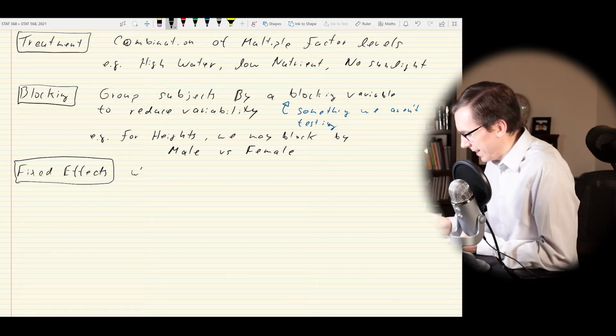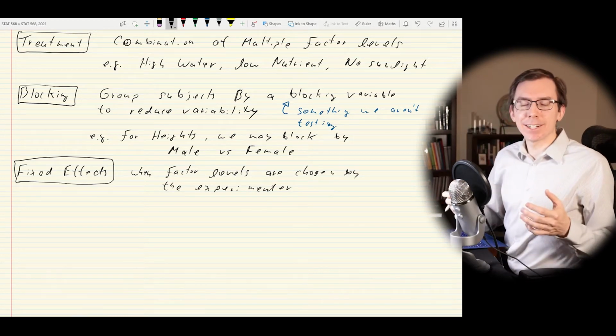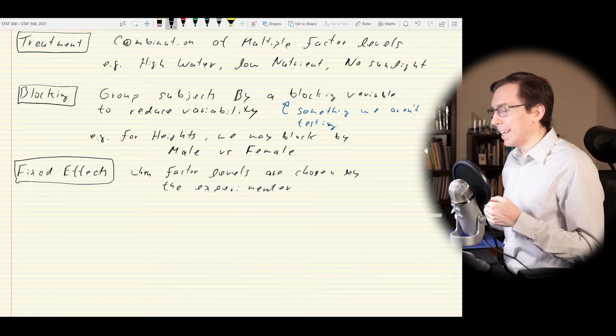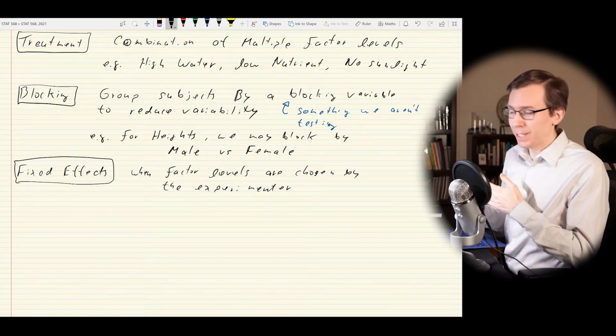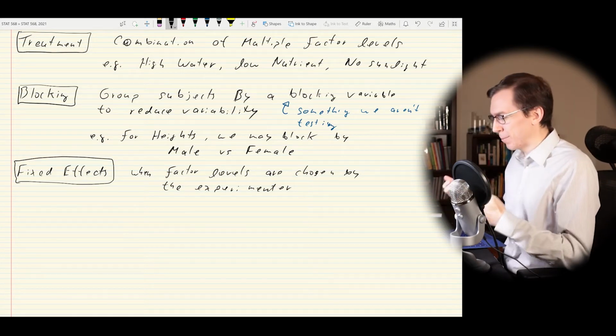A fixed effect is when factor levels are chosen by the experimenter. Most of the things that we'll be considering in this course are going to be fixed effects, things like the amount of a medicine to apply, or in my example, the amount of water or nutrients to give to your plants.